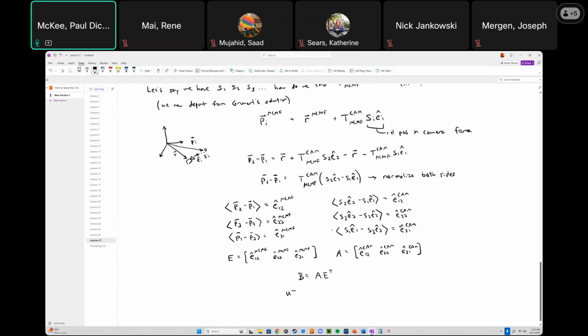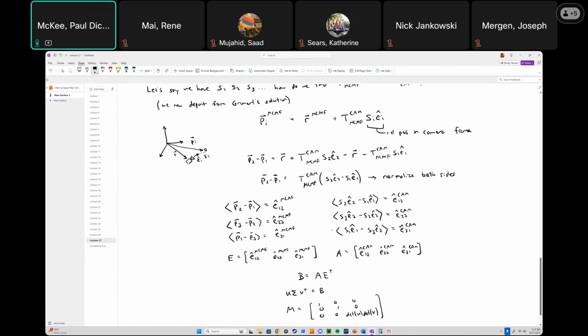We say U sigma V transpose is equal to B. And if we say M is a diagonal matrix, 1, 1, and then we have determinant of U and determinant of V.